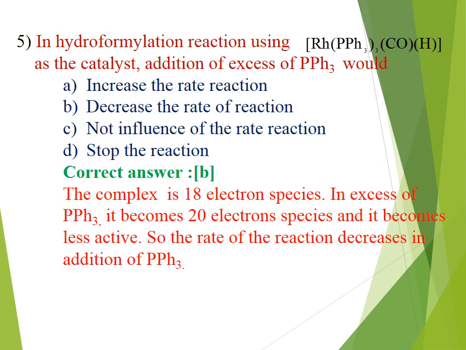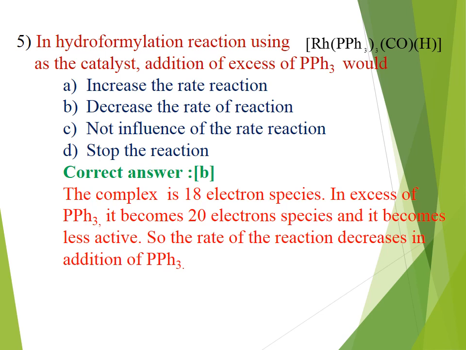5. In the hydroformylation reaction using [RhH(PPh3)3(CO)] as catalyst, the addition of excess PPh3 would: A. Increase the rate of the reaction, B. Decrease the rate of the reaction, C. Not influence the rate of the reaction, D. Stop the reaction.